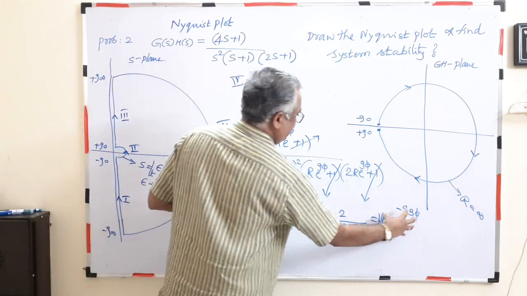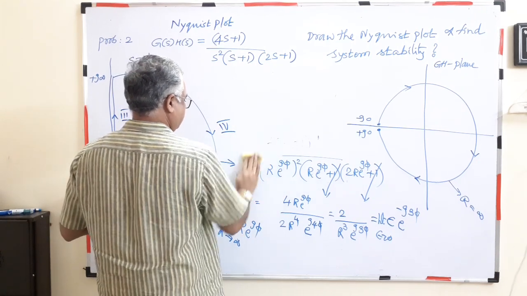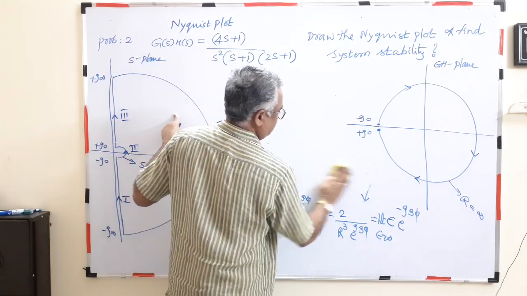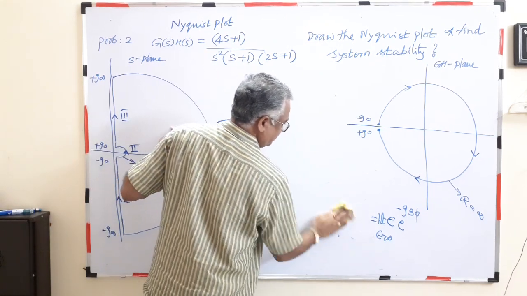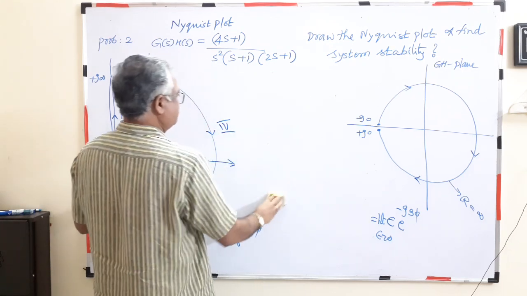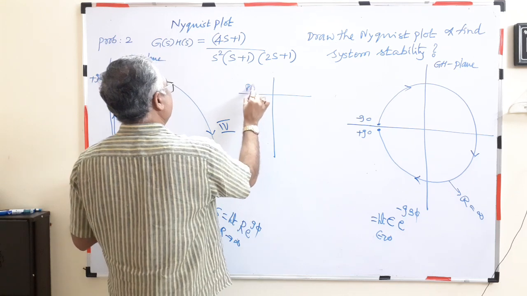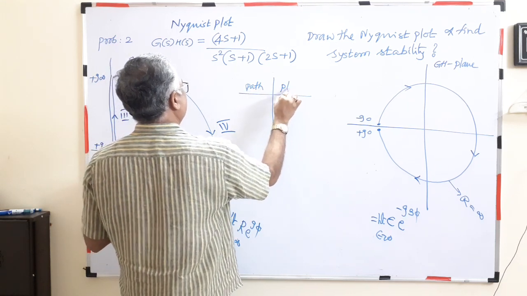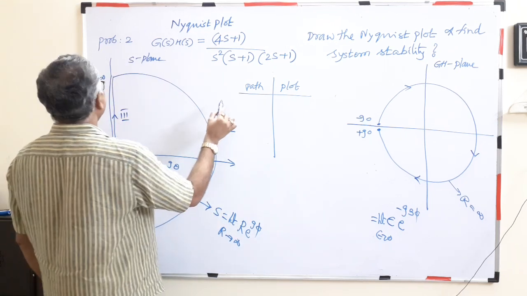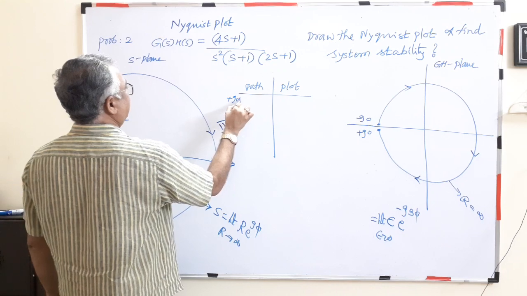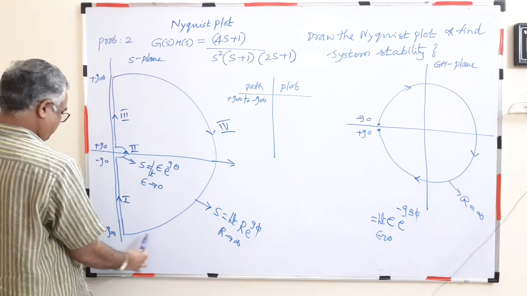Now this expression is the only important one for me now. Again go for a table. The table is path and plot. So what is the path here? Plus j infinite to minus j infinite.